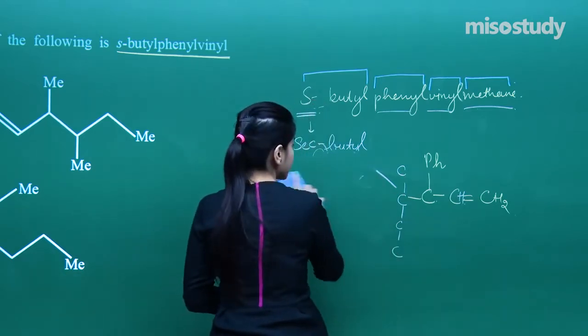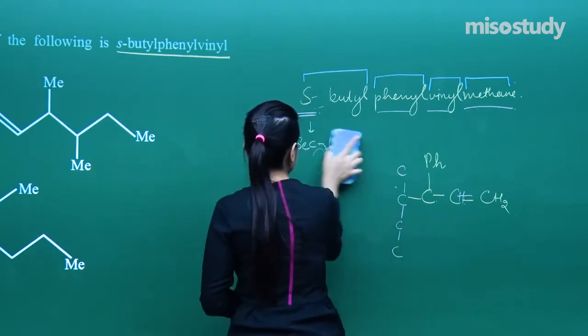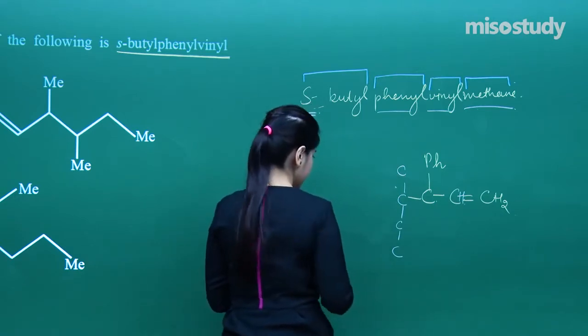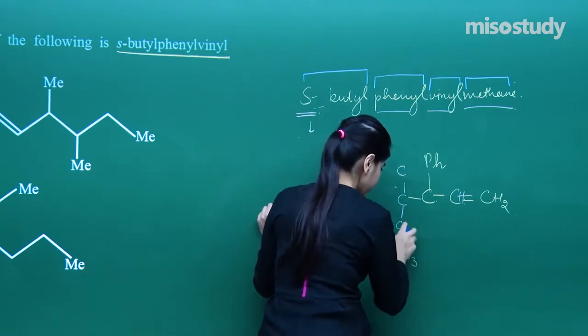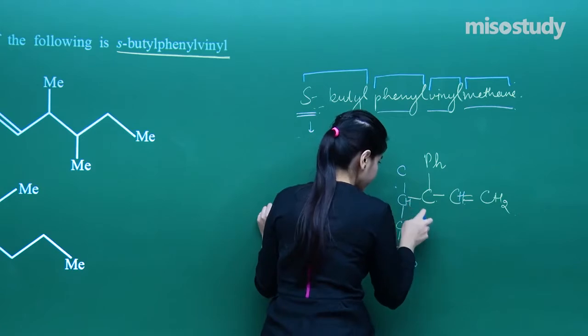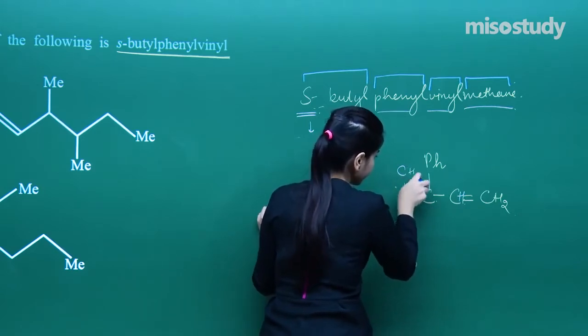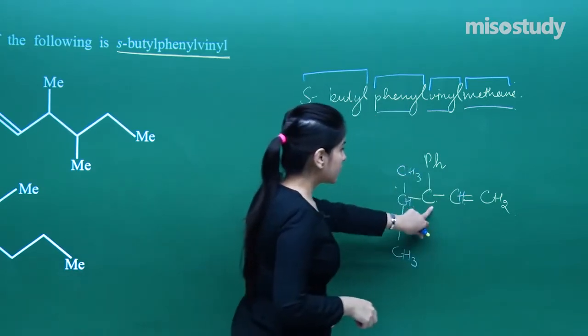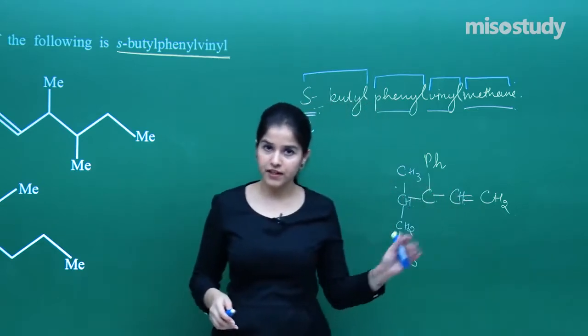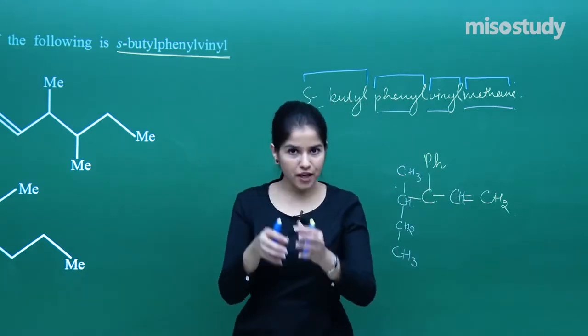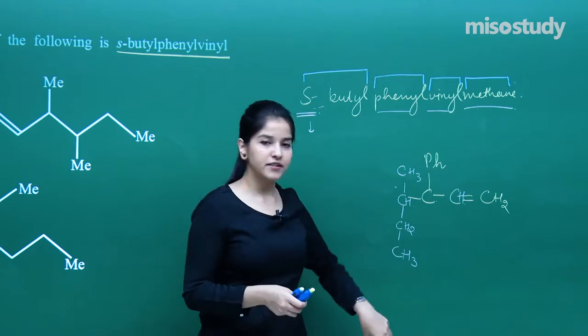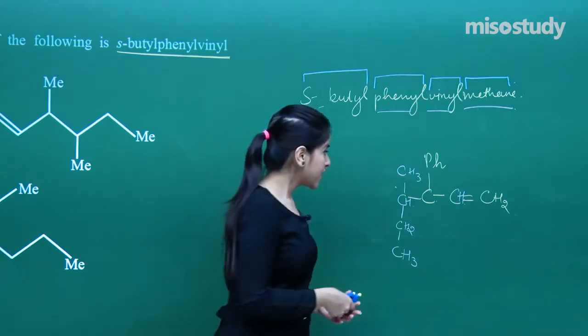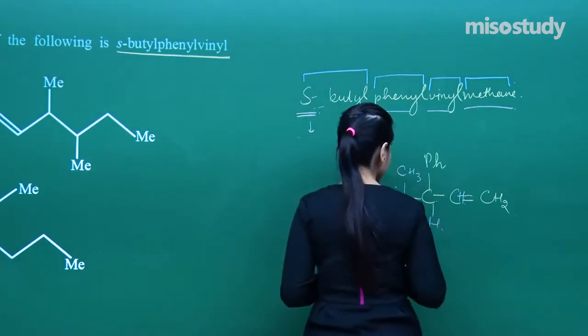Let us try to correlate this structure with the options we have been given. I've got a carbon with a vinyl and a phenyl. That means the same carbon has 3 kinds of substituents attached, and I also need 1 hydrogen here.